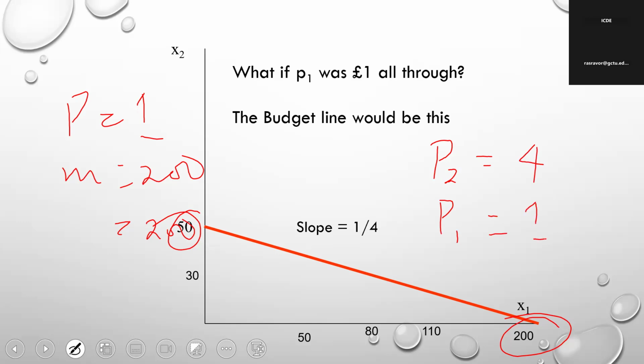If I spend all my income buying P2, I can only buy 50 units. But 4 times 50 is what? It's equal to 200, which is equal to my income. Please, do you understand now why this is 50?